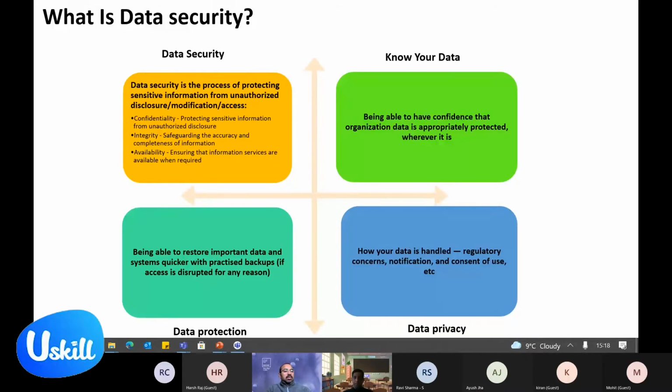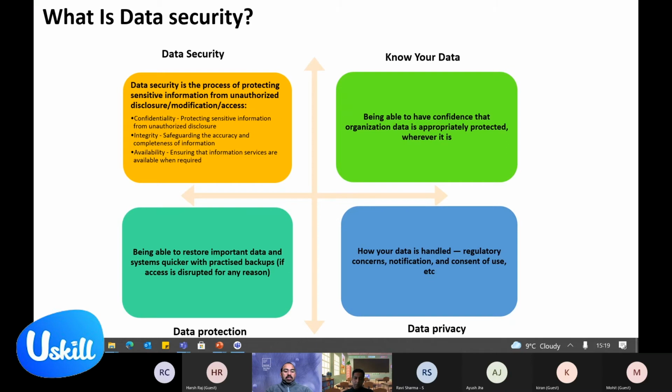So all these are part of data security. Whenever you are implementing data security, you should ask these questions to the owner of the data. You should check with the management or the person who is involved in implementing data security.